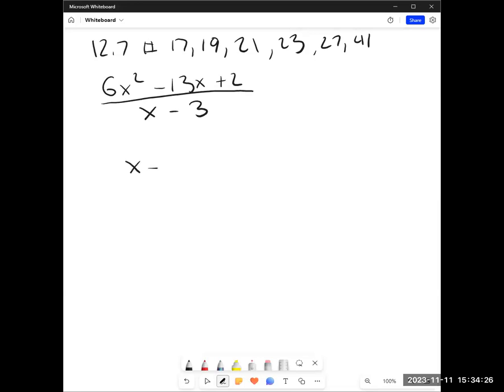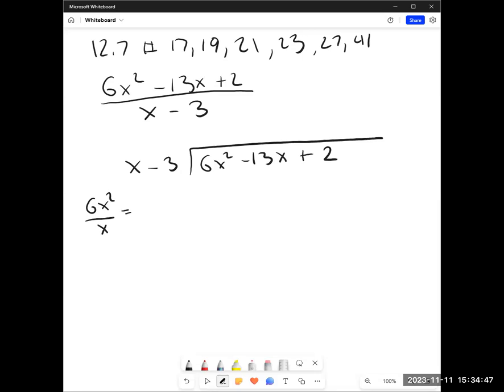So x minus 3 goes on the outside of our long division symbol, and 6x squared minus 13x plus 2 goes on the inside. We're going to look at this first term, 6x squared, divided by this first term, x, and use our rules of exponents to tell us that that is 6x.